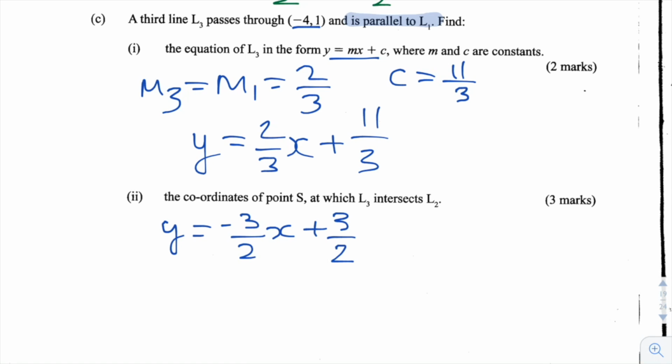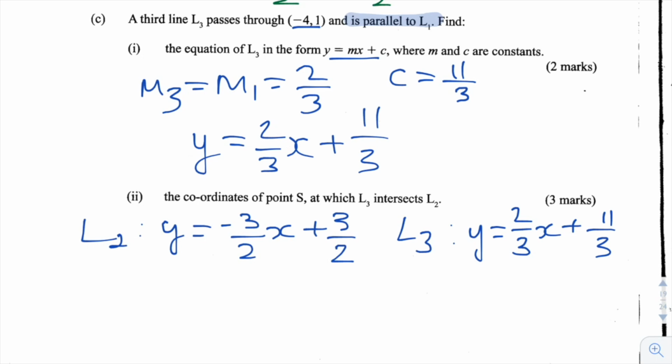The equation for the line L3 is y is equal to 2/3 x plus 11/3. So what we're going to have to do is equate these two equations. When we equate them, we'll get an equation in terms of x. From there, we'll solve for x. Once we've found the value for x, we can substitute that value into either the equation for line L2 or line L3 to find the value for y.